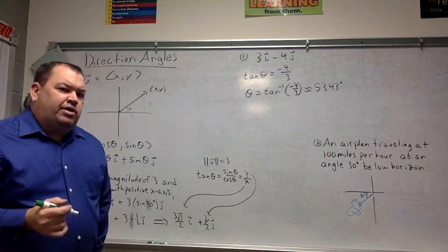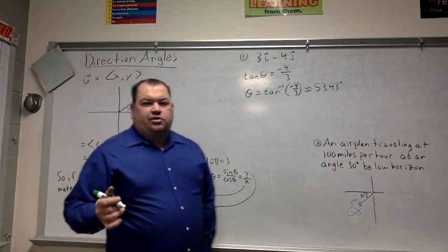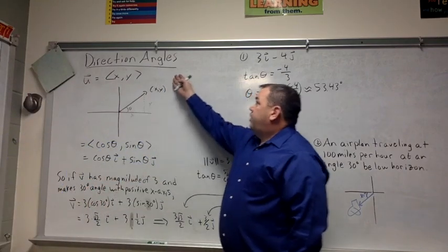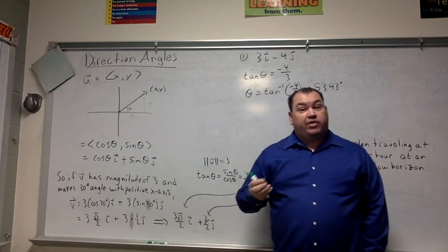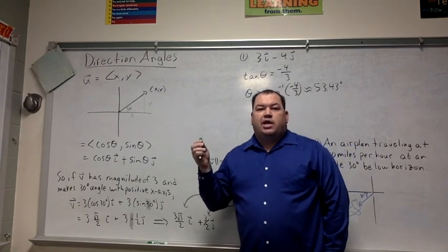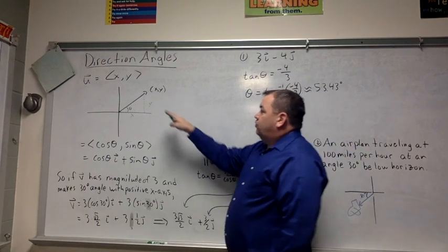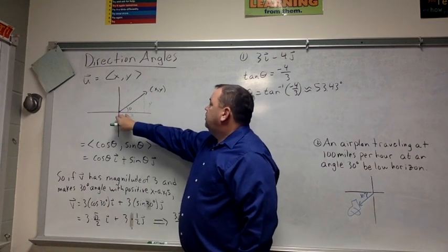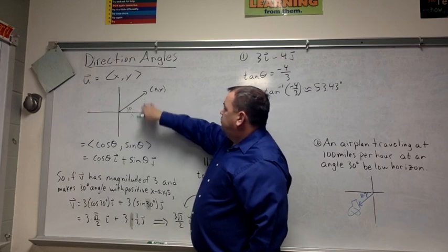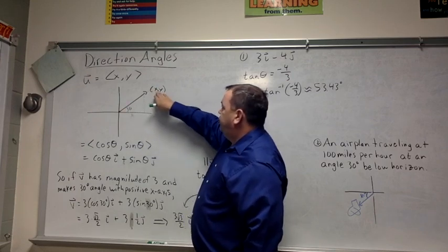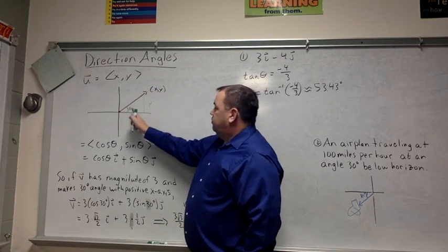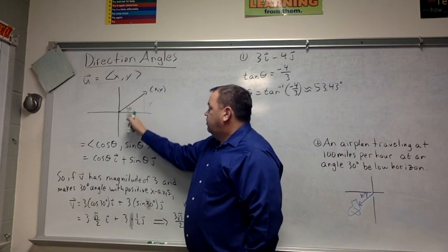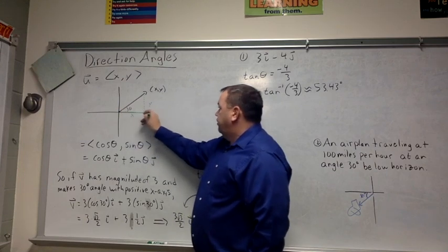The next thing we want to talk about after unit vectors is the idea of direction angles. When we talk about vectors, we talk about magnitude and we talk about direction. So if I have vector u sitting in standard position, I go so far in the x, so far in the y, and that determines my vector. But that vector makes an angle with the positive x-axis here.